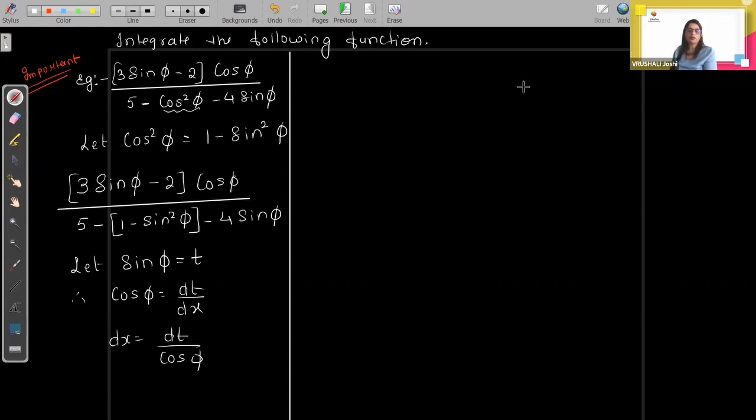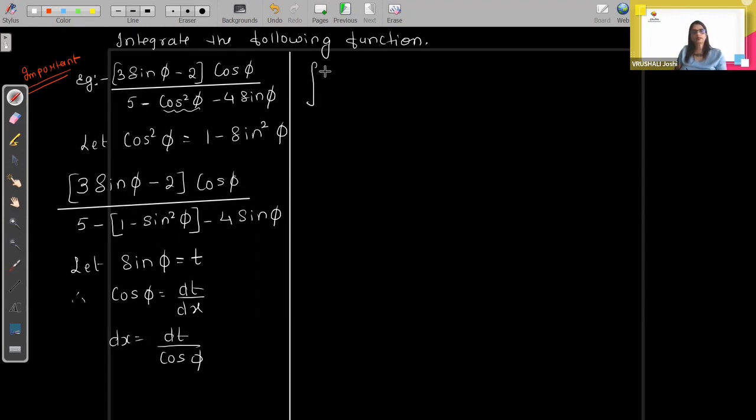Okay. Correct? If you substitute the t value here, so let's substitute the t value. One sec. So let's integrate this. This is integration of, क्या आएगा?